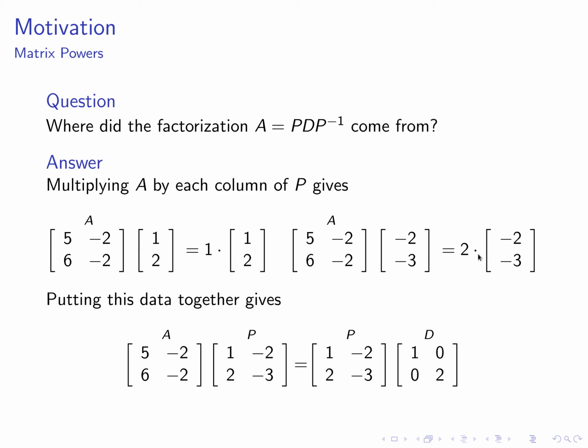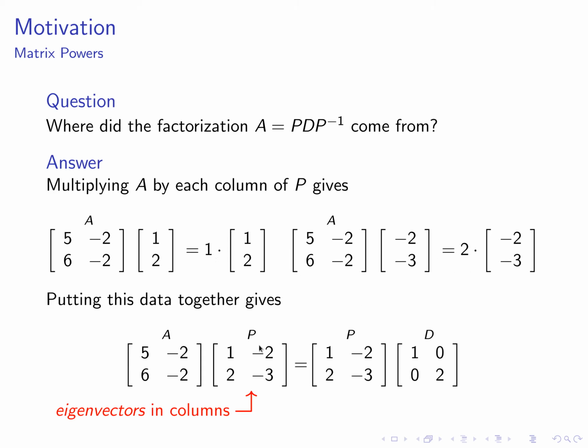So if we put all this data together, we end up with a nice matrix equation. If we take the columns of P and put them back into the matrix P, we end up with an equation that says A times P is the same thing as P multiplied by D. Because when we multiply A by each of the columns of P individually, all we end up doing is scaling the columns of P by the numbers 1 and 2.